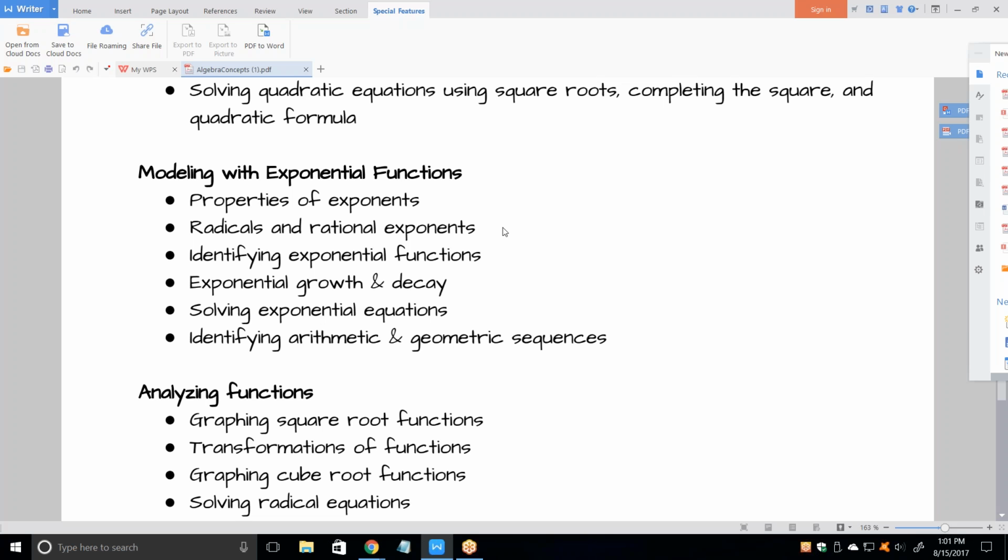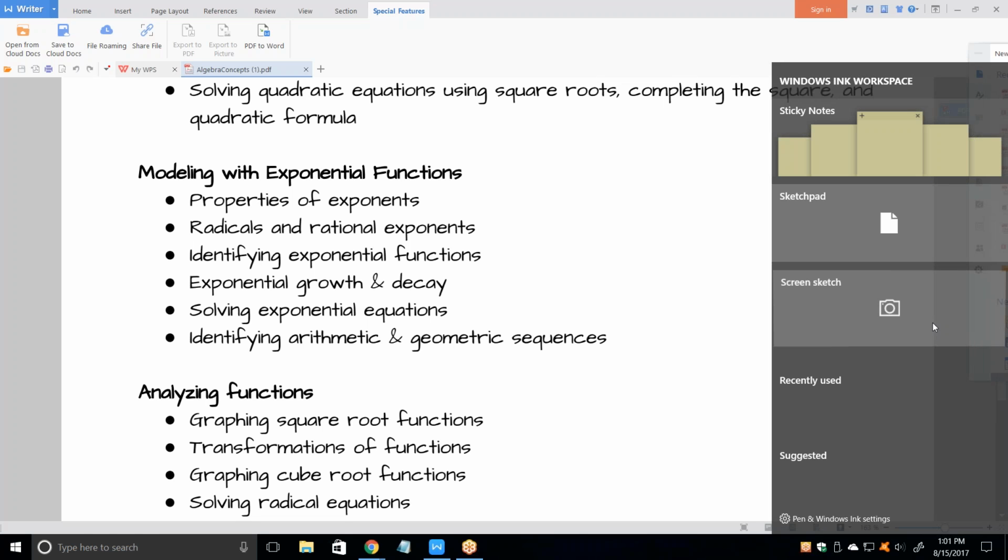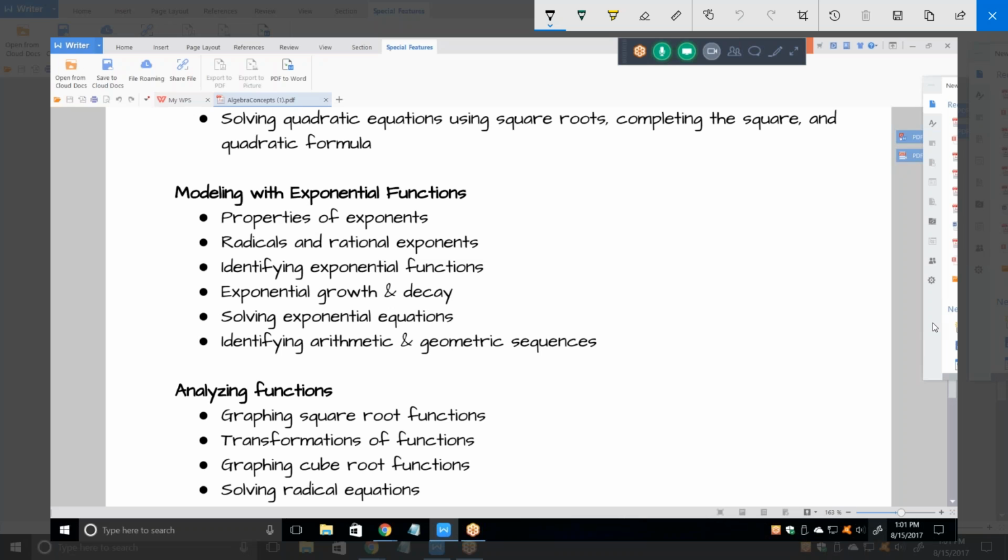So let's talk about properties of exponents. There's a few simple rules you need to remember.